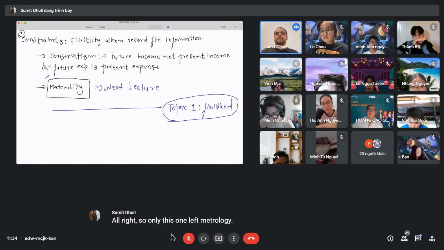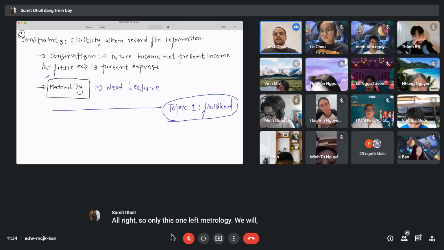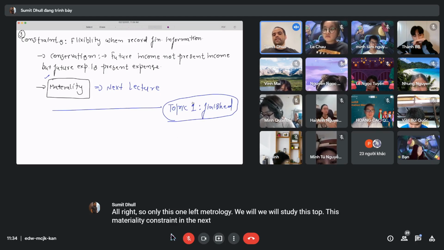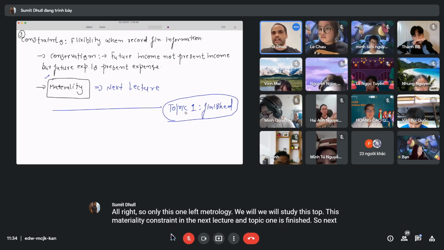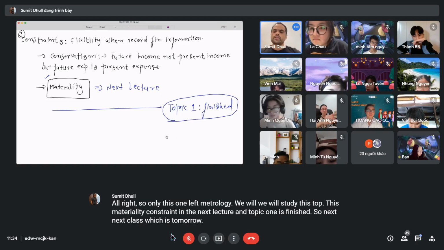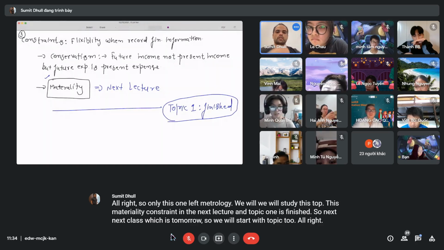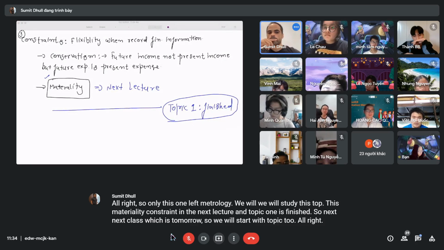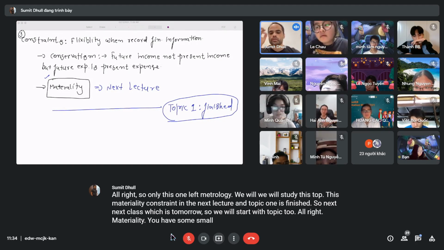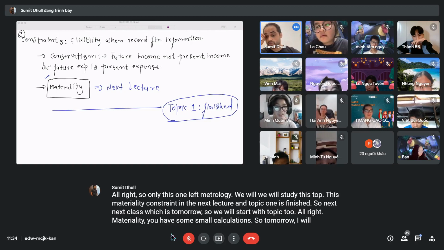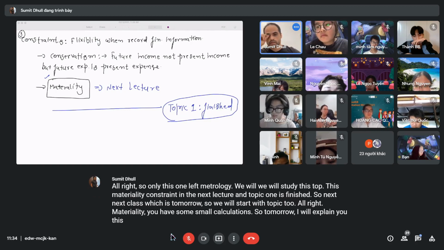We will study this materiality constraint in the next lecture, and topic 1 is finished. So next class we will start with topic 2. Materiality, you have some small calculations, so I will explain this to you next time. Everybody okay with it?